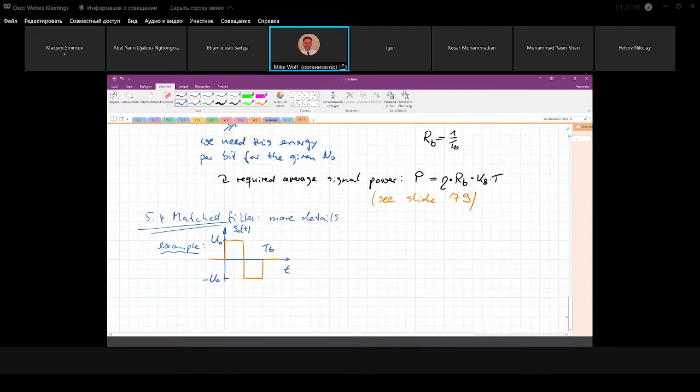Now we can distinguish between a causal version and a non-causal version of the impulse response.